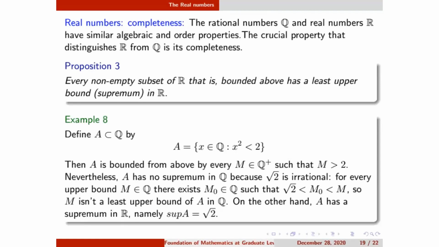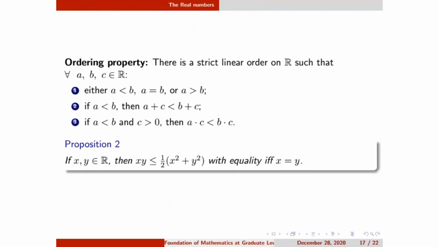Next, this is the property which distinguishes the real numbers from the set of rational numbers. The property is called completeness. So what is this completeness property? Till here, the field property and ordering property are there in the set of rational numbers also.